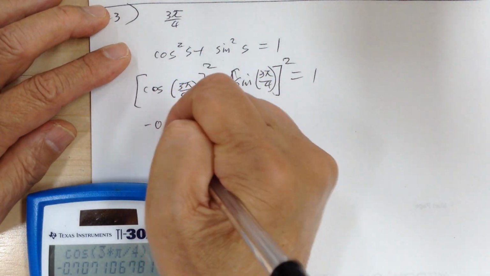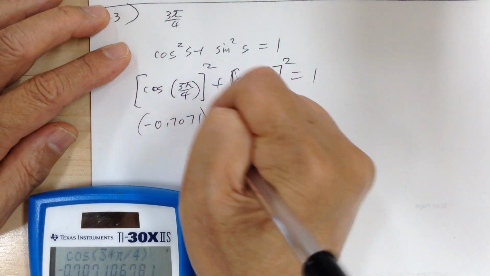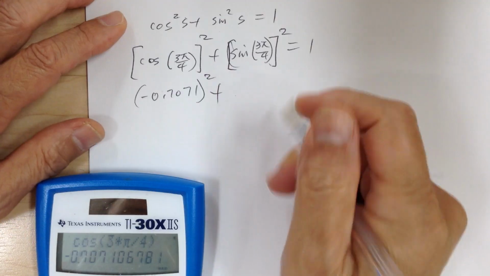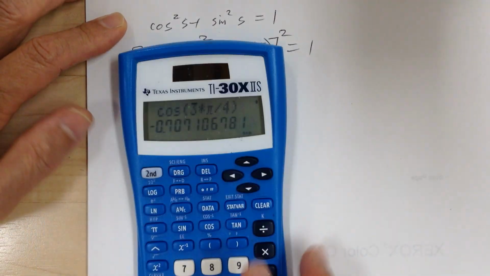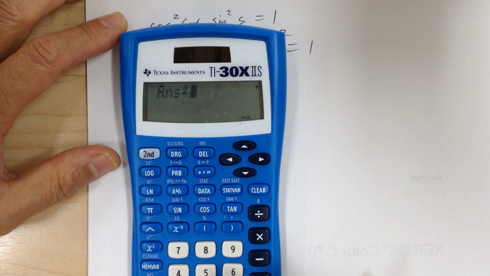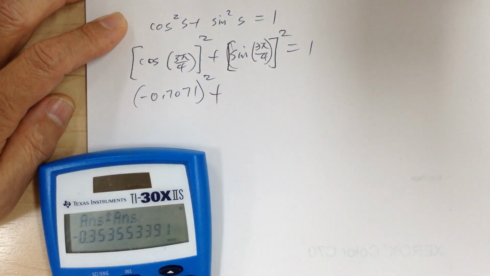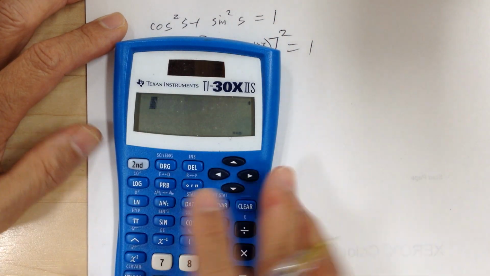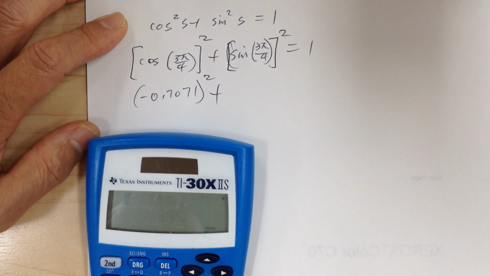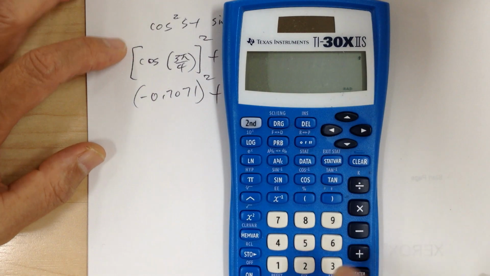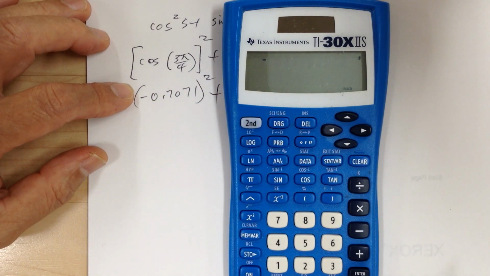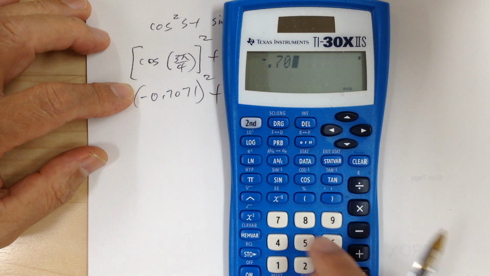So you're going to get negative 0.7071, and I'm going to square that. So I'm going to square the answer.